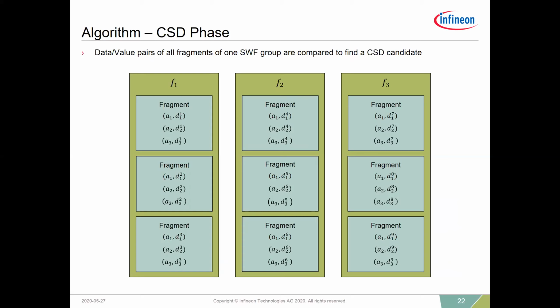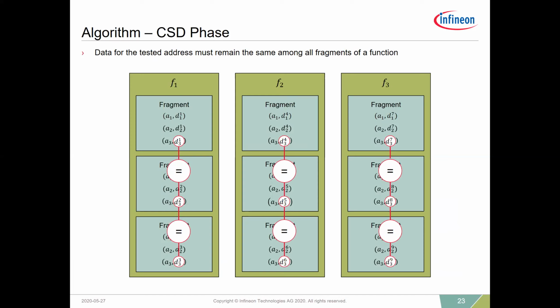And this is done by 2 conditions. First is that the data that is written to a specific address is the same among all fragments, because we expect this data value to be, for example, the task ID or something. So if F1 is executed, it should always be the same data that is written to this address.